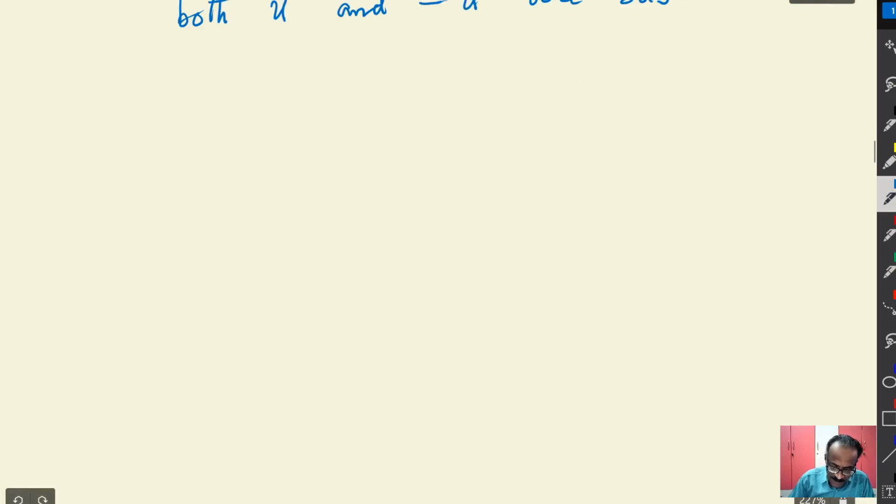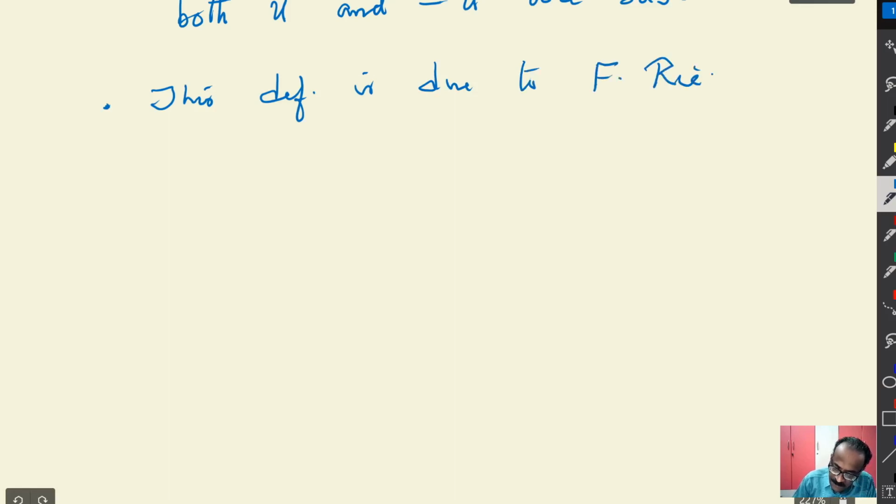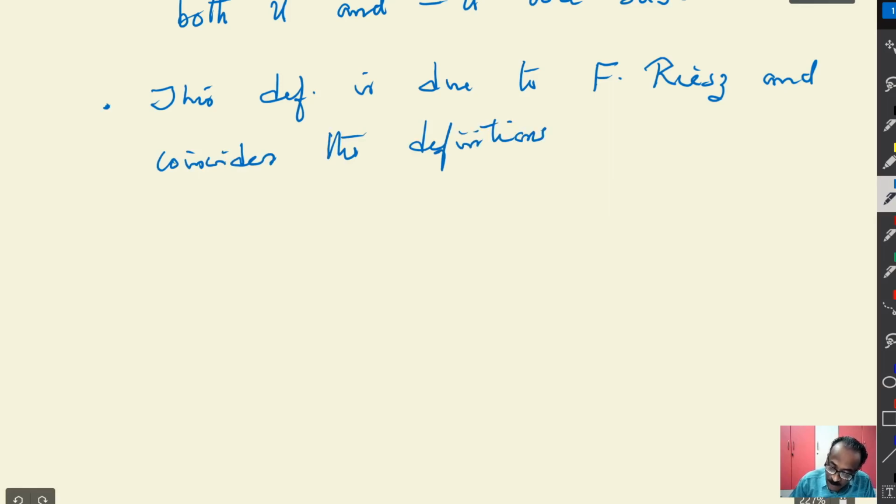Okay. This definition is due to Perron, I mean to a Freeze, and it coincides with the definition via the mean value property.